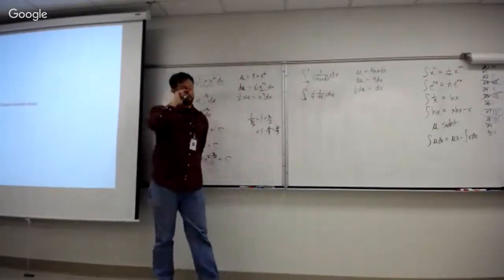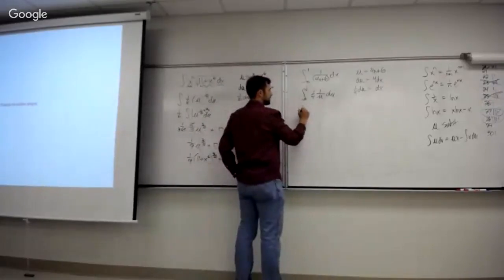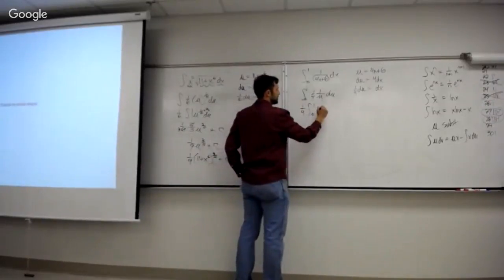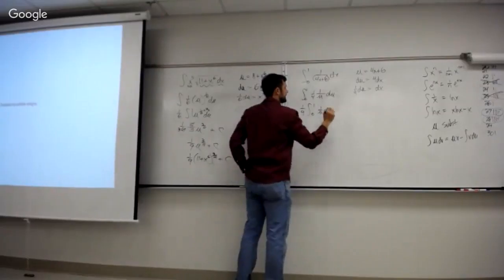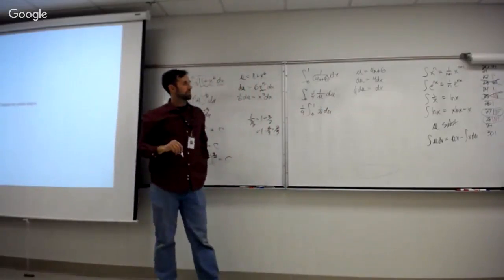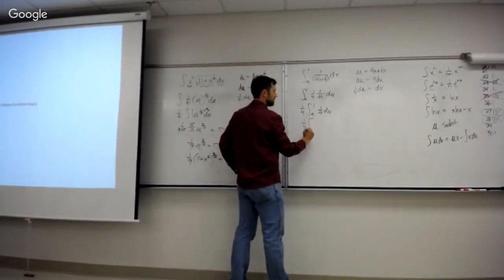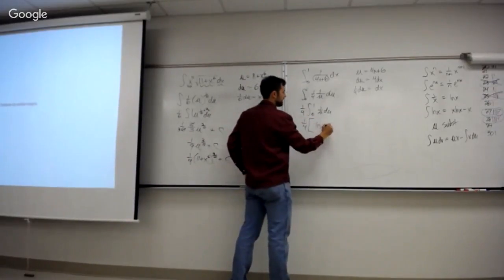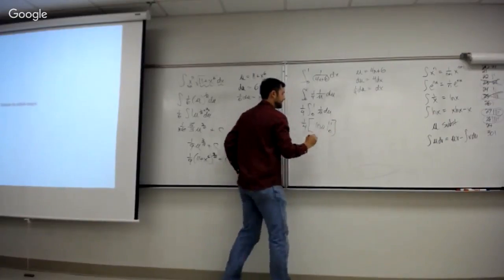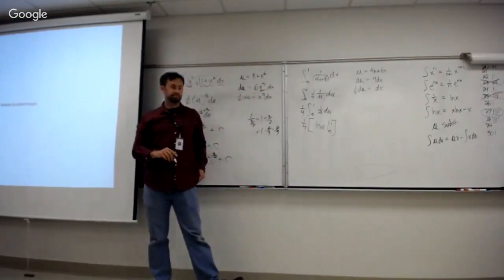Now it's a simple integral. It's 1/4 times the integral from 0 to 1 of 1 over u du. So the integral of 1 over u is natural log of u evaluated from 0 to 1, all with the 1/4 out front.